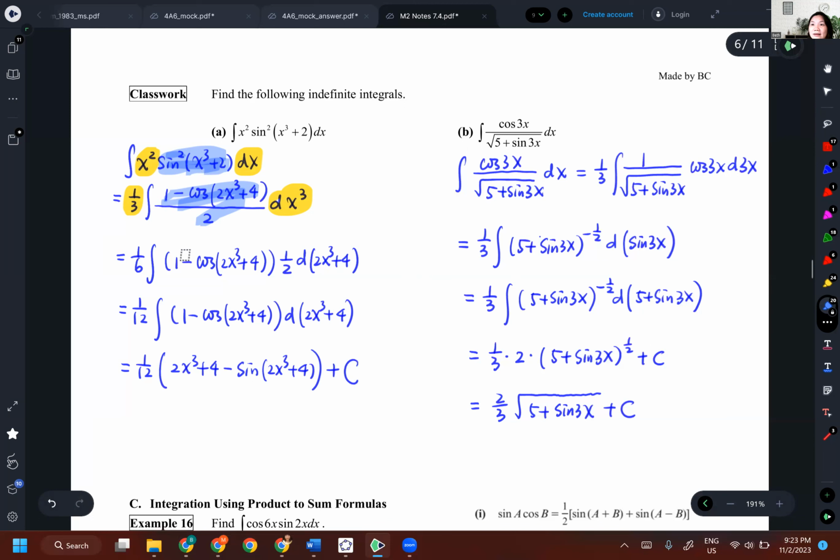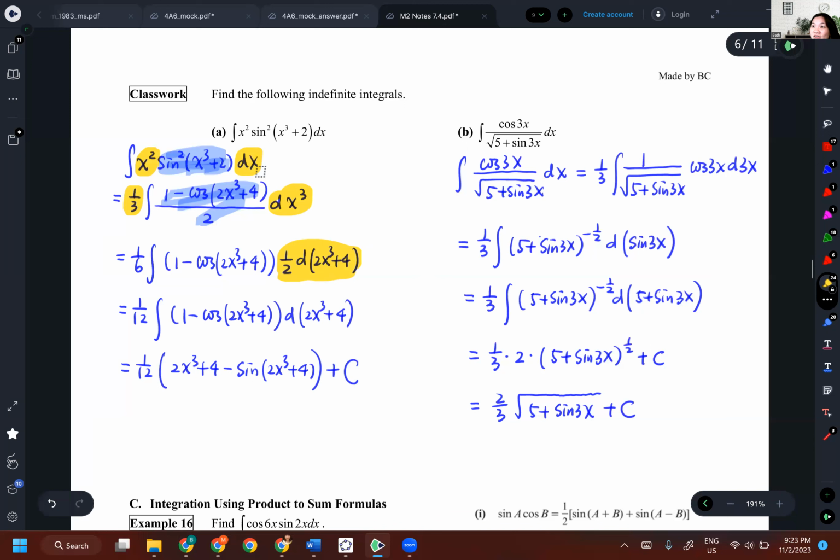Okay. And then I will take out 1/2 again. So you can see 1/6 here. And I also did another substitution right there. Like you don't even see it. You see, I did a substitution right there with multiplying 2 divided by 2.